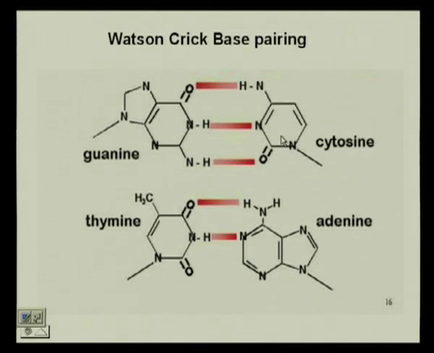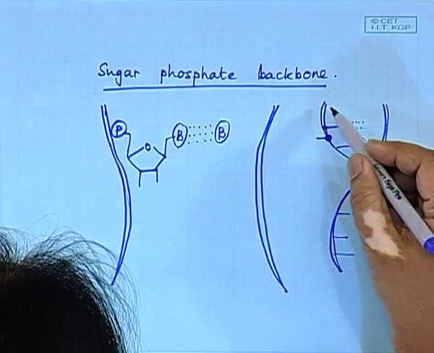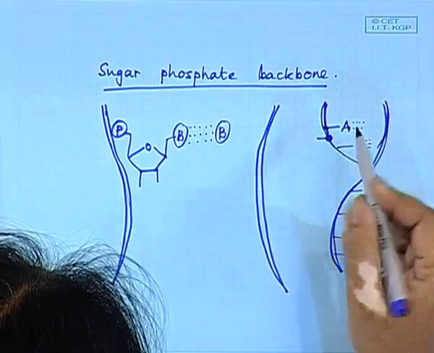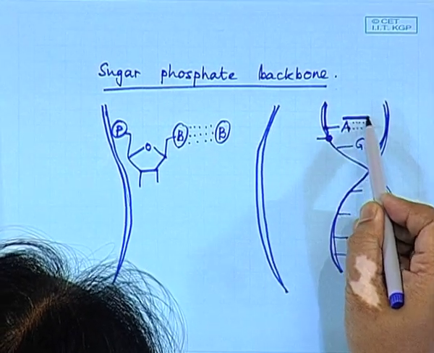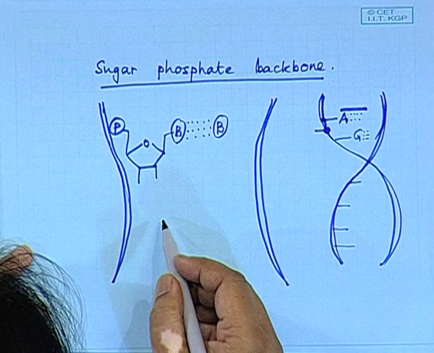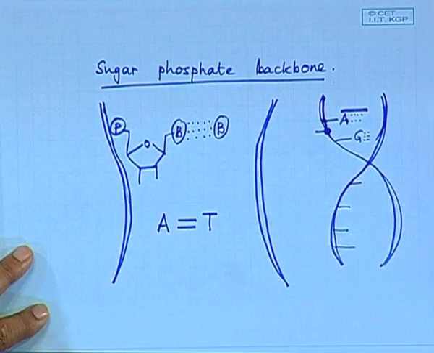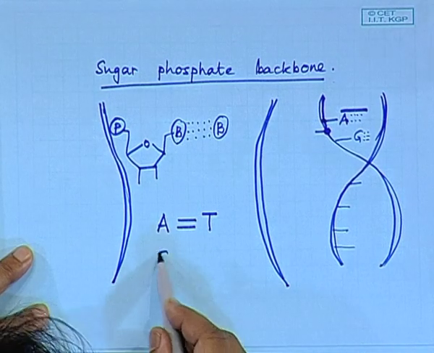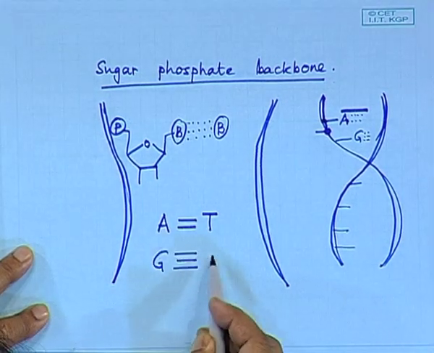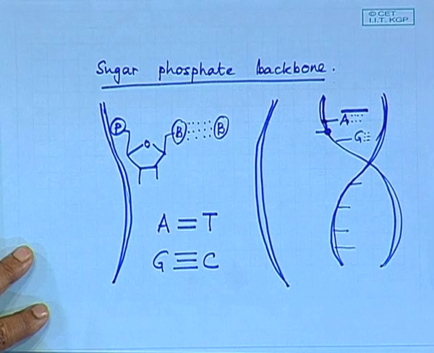Now, this is extremely important if we look at the distance between these two. So, what kind of pairing are we going to have? We can have A T, that is represented like that, or we can have G C. What does that mean?